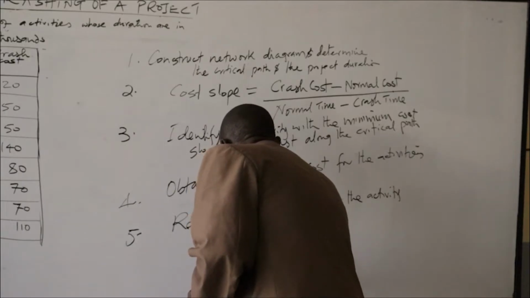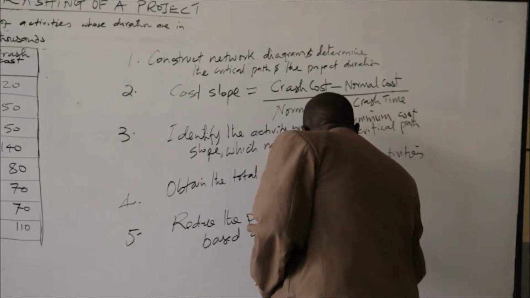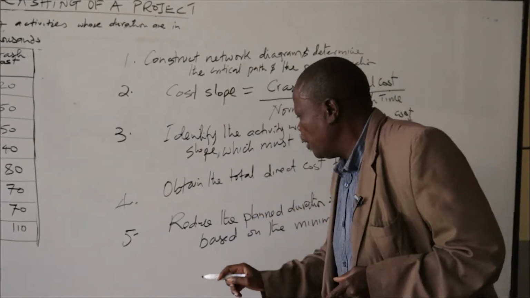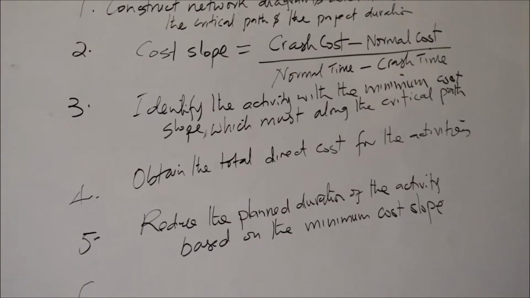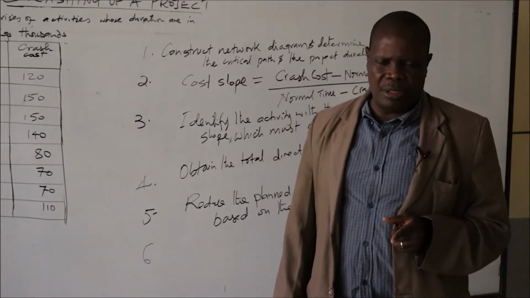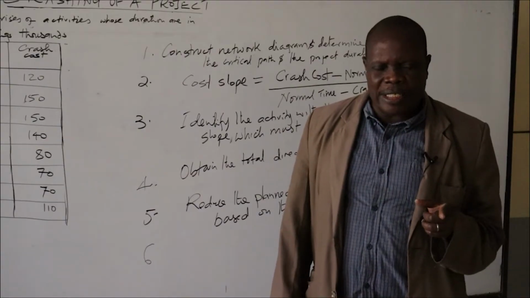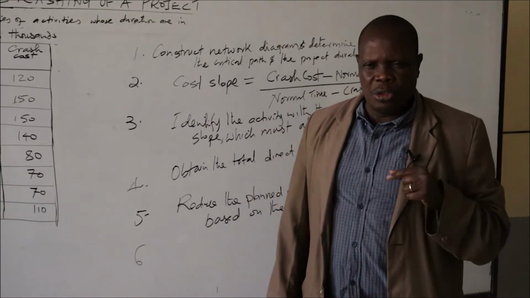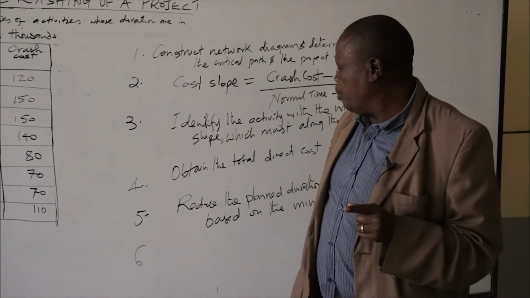Reduce the planned duration of the activity based on the minimum cost slope. Now, when we crash the activity or the project, we'll be guided by the time which is available for the crashing of each activity, which I'm going to show you as we start crashing the project.